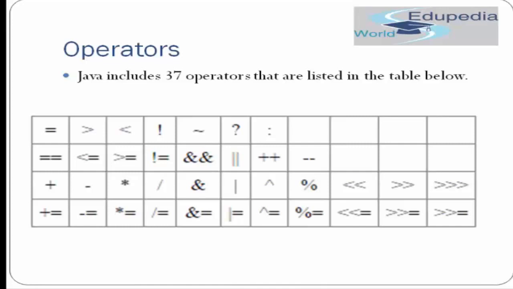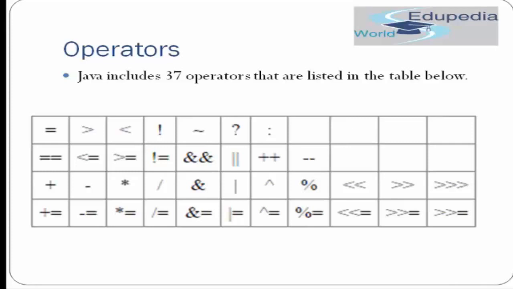We'll also be studying the operators in detail in different categories like assignment operators, arithmetic operators, conditional operators, and so on, but in some later tutorial. For now, we are going to complete our Java tokens by taking into account the last Java token, that is operators. So these are the 37 operators.